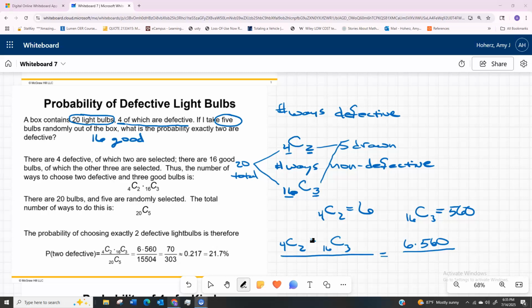So this is the number of ways of getting what we want, 2 defective and 3 good.